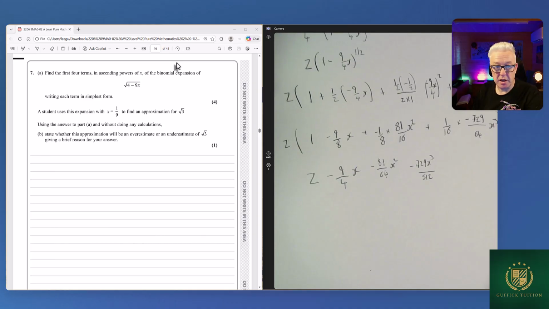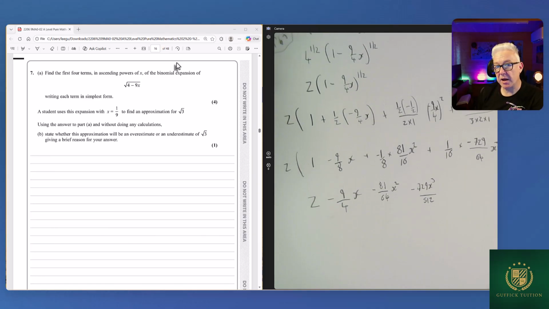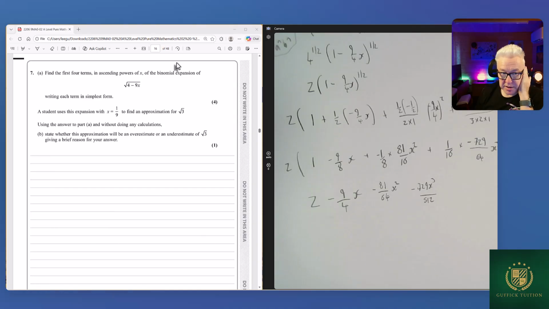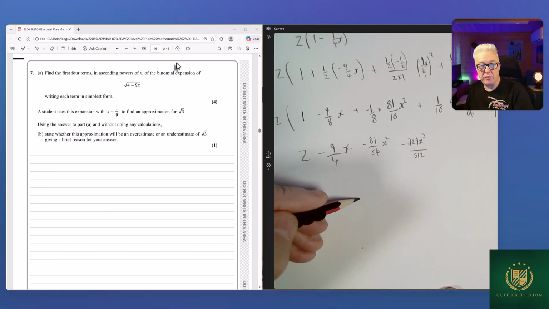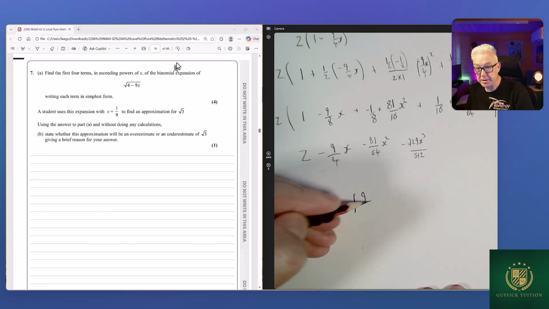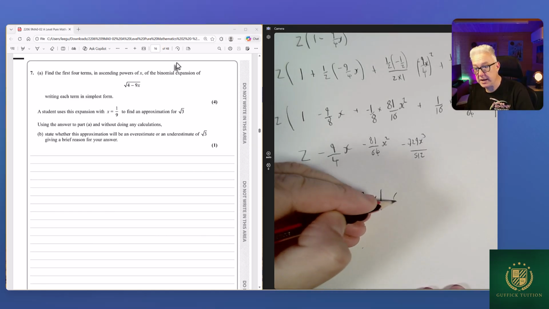Okay. So basically, I think everything's okay in terms of using 1/9 because it's within the range of answers that are valid. Because if we look at our expansion, the range of values that this expansion is valid for is the modulus of 9 over 4x is less than 1.